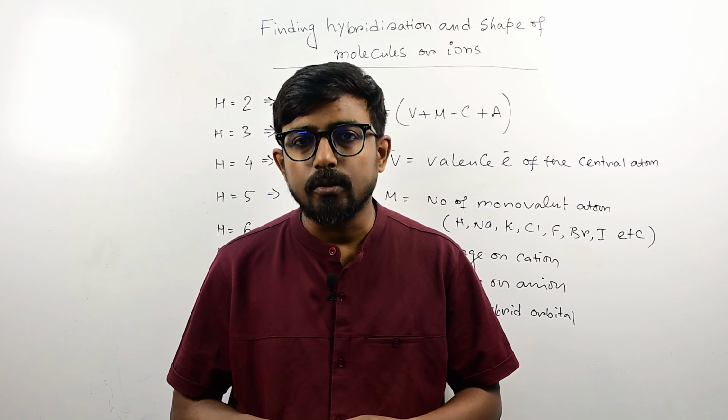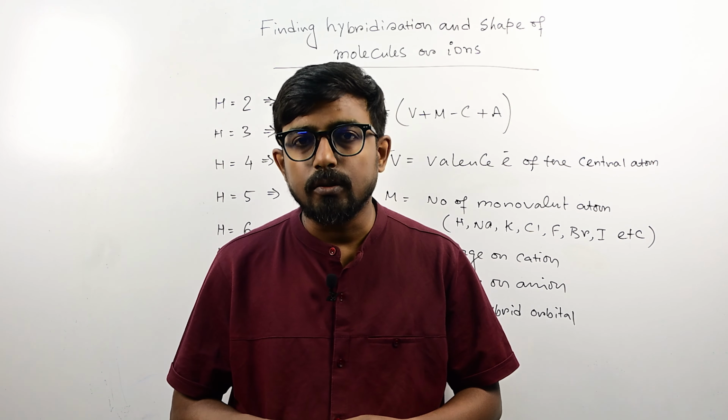This is XeF2. To find the hybridization and the shape of ions, we use H equals half of V plus M minus C or plus A. If it is a cation, then we use the charge of the cation here. If it is an anion, then the charge of the anion for A. Say the first one is ClO3 minus, the chlorate ion. For this one, the same thing, you have to calculate the valence electrons for the central atom.